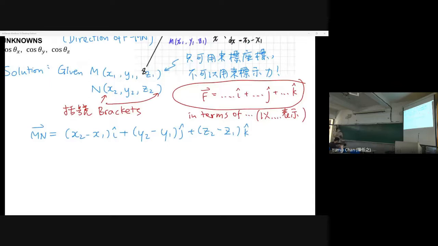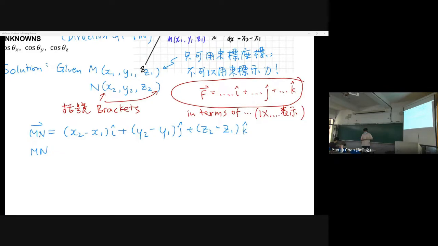Now, of course, we can write down the vector MN, right? And at the same time, we can write down the length of MN. MN is equal to the square root of x2 minus x1 squared plus y2 minus y1 squared plus z2 minus z1 squared, right?